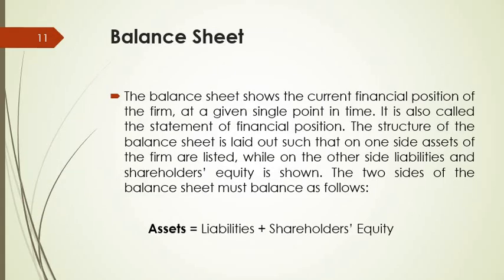Now the second important statement we have is the balance sheet. Balance sheets give a snapshot of your financials at a particular moment, incorporating every journal entry since your company launched. It shows what your business owns, like assets, what it owes, like liabilities, and what is left over for the owners, shareholders' equity or owners' equity. Assets, liabilities, and shareholder equity are listed as of a specific date, such as the end of the financial year.